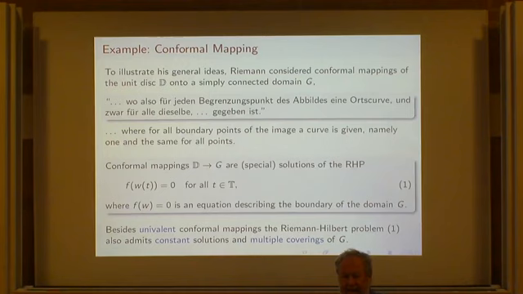But we immediately see that this boundary condition alone is not a complete characterization of conformal mappings. Of course, we have trivial solutions, all constant functions which map just to a single boundary point are also solutions. And we have solutions which give multiple coverings of the range domain.